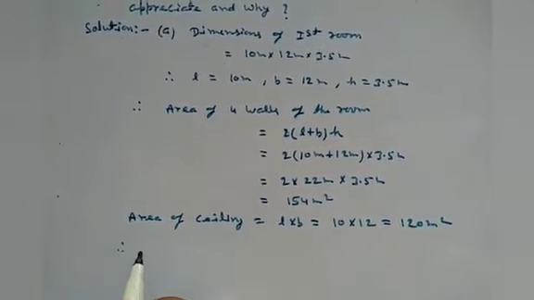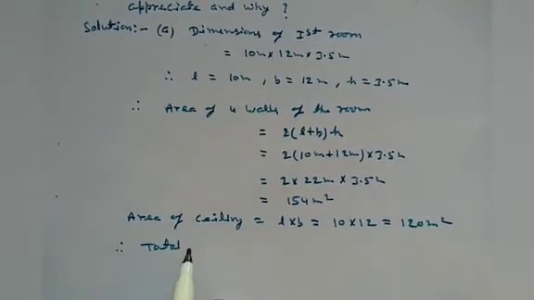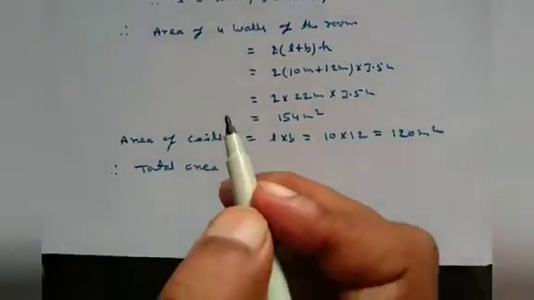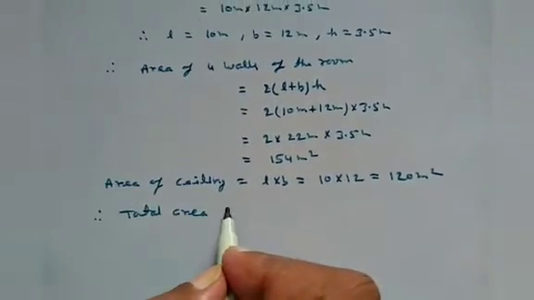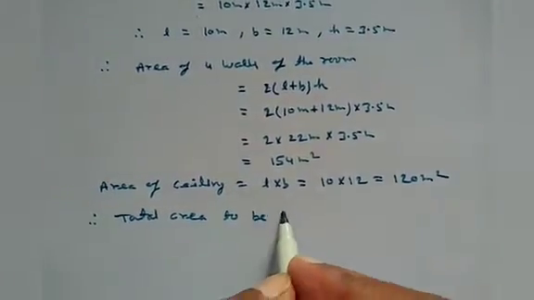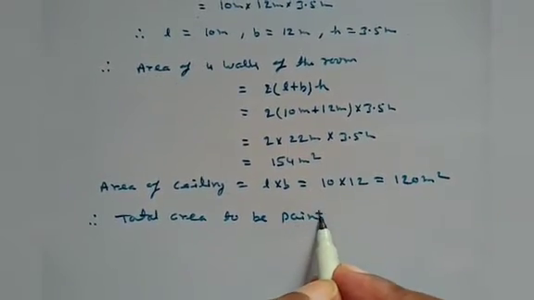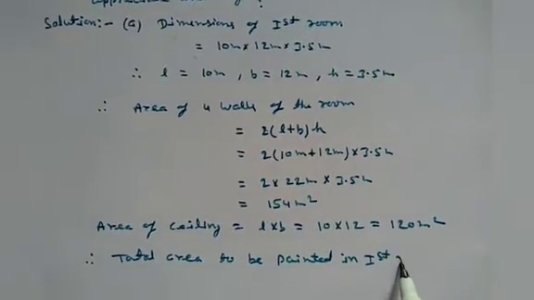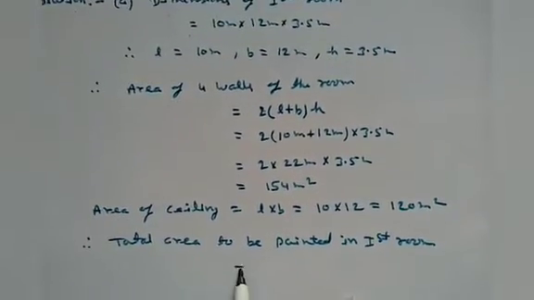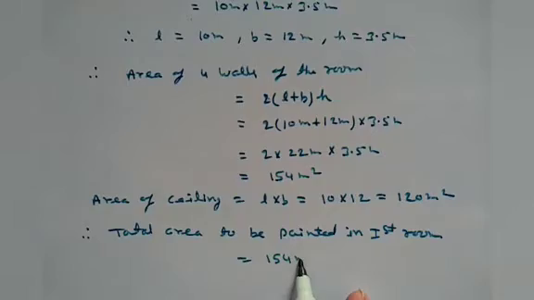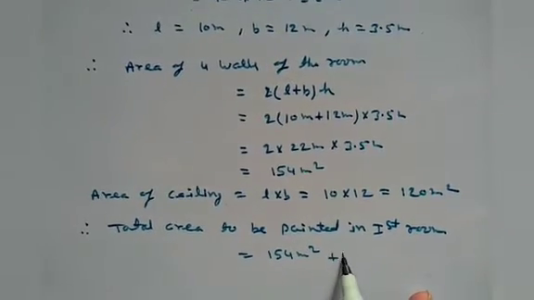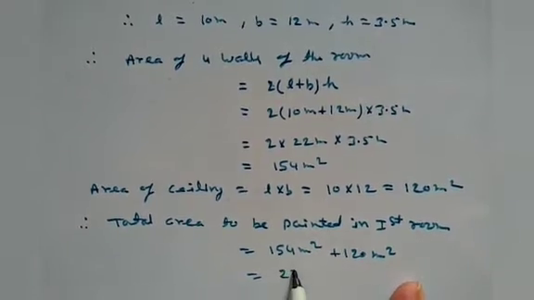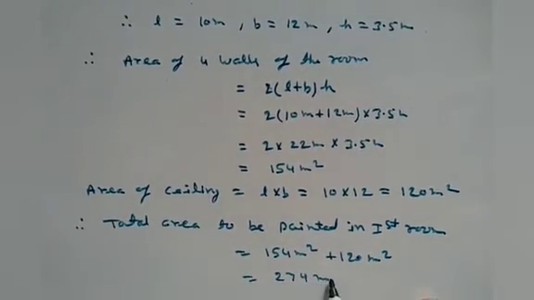So total area to be painted in first room equal to 154 meter square plus 120 meter square, equal to 274 meter square.